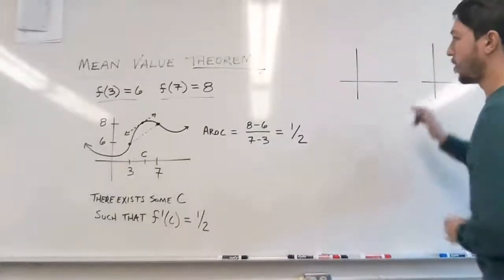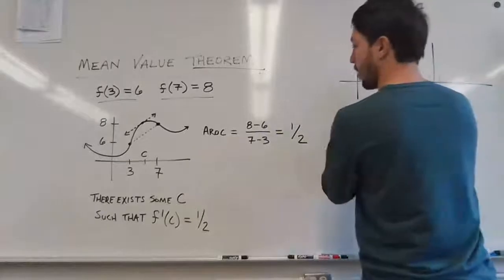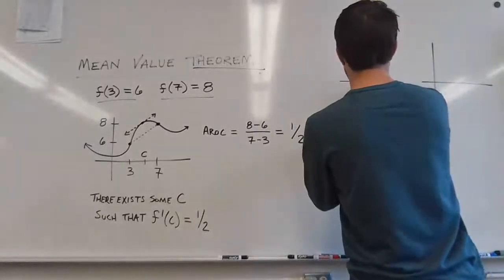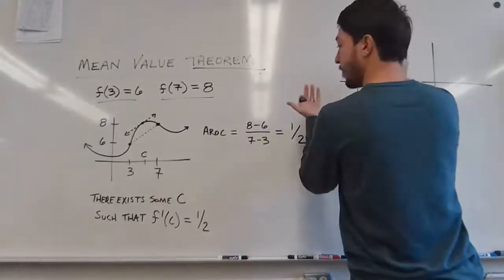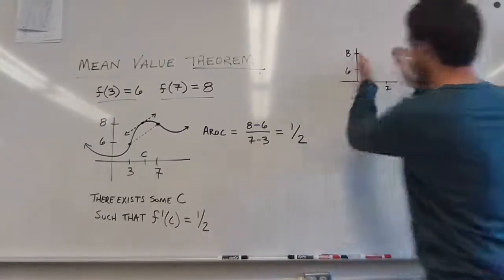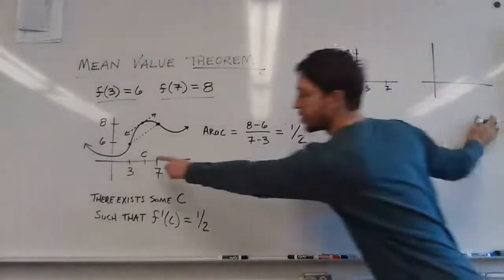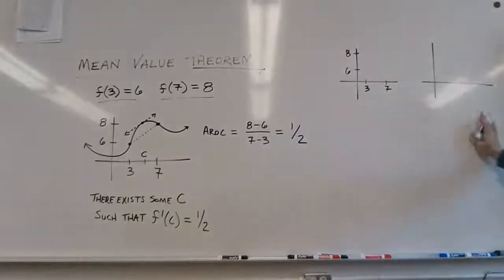I like thinking about the car in this case, because here's one way for it to fail. Or maybe someone here can name a behavior this graph might have in this interval that would ruin the mean value theorem. Does it have to be continuous? Something where it's not continuous.